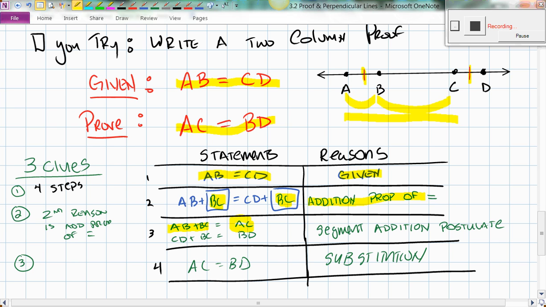And then likewise, CD plus BC is equal to BD. Right? So all that stuff, and that's just the segment addition postulate. Well, therefore, if these two things are equal, AB plus BC and CD plus BC, as it says in example 2, we can substitute that in around here to get that AC is equal to BD by substitution. And most people were able to get that. So make sure you look over that and understand all that is here for you. All right, good luck.